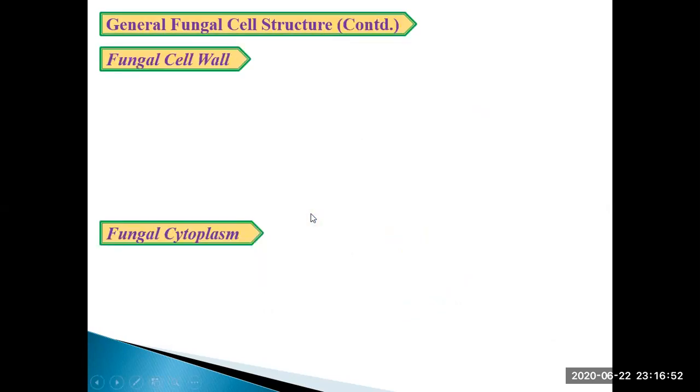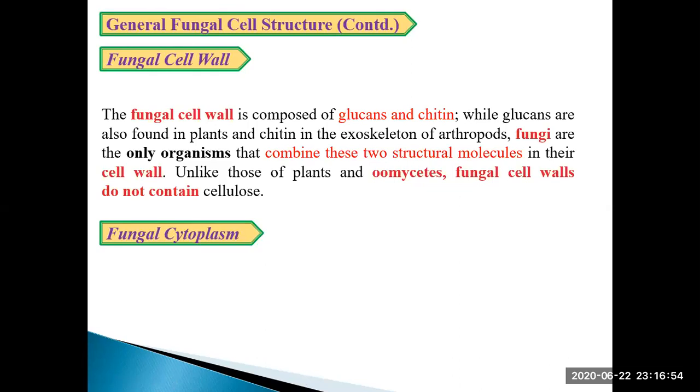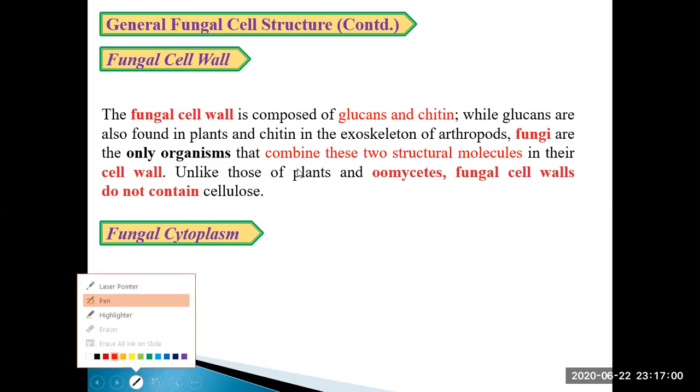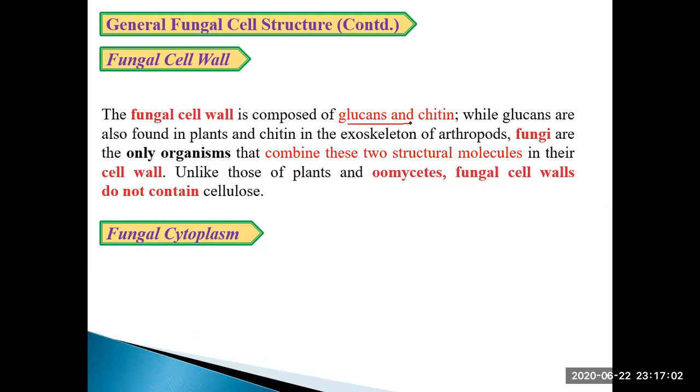First of all, what is the fungal cell wall? The fungal cell wall is composed of two types of materials: one is glucan and another is chitin. Glucans are also found in plants and chitin is also found in arthropods, but fungi are the only organisms that combine these two structural molecules in the cell wall at the same time.